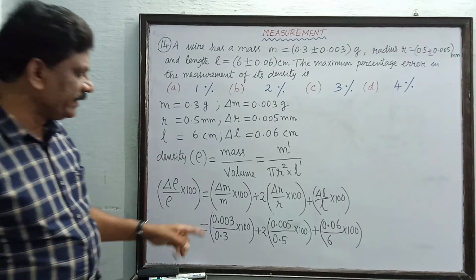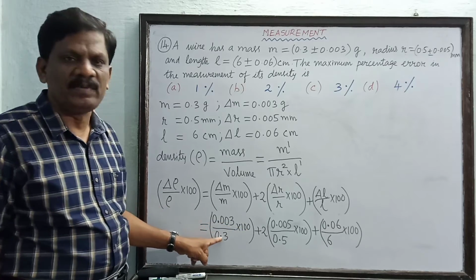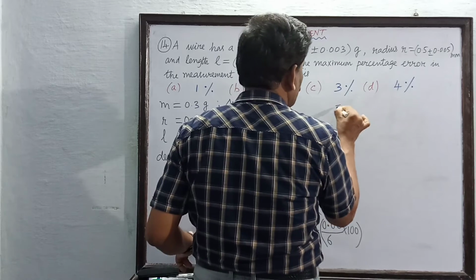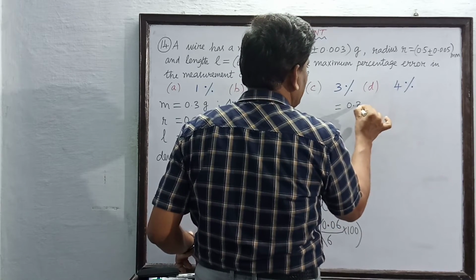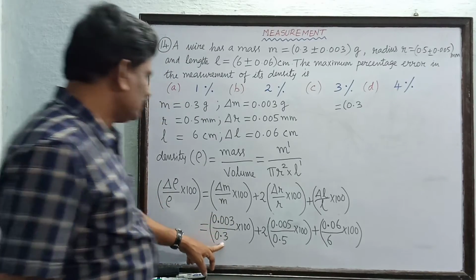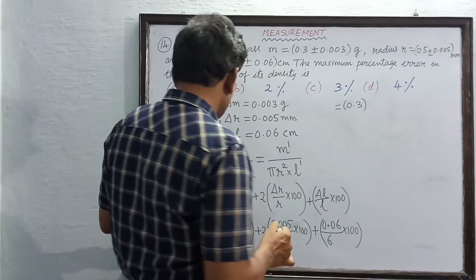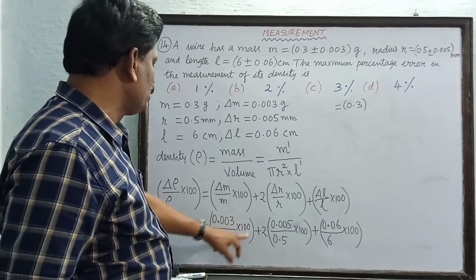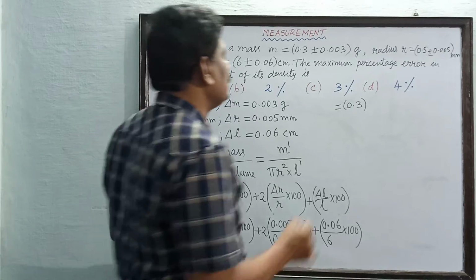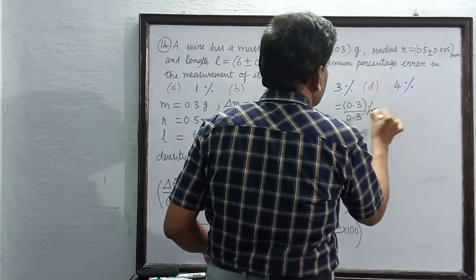Okay students, now you see here 0.003 multiplied by 100 will become 0.3. Is it not? So this will become 0.3 percent. So the first one is 0.003 into 100 divided by 0.3, so this is 0.3 by 0.3 percent.